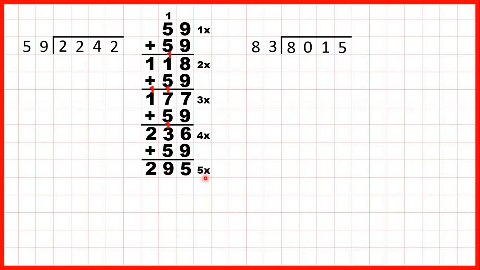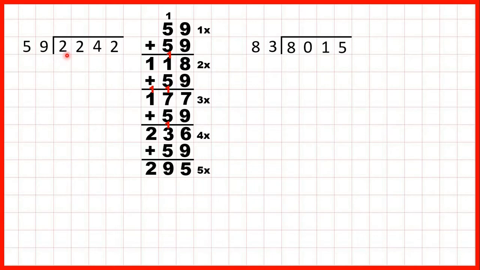295 for 5 times. So now that we've calculated to 5 times, let's look back at our question. Taking the first 2 digits together, we have 22 divided by 59, but 22 is less than 59, so let's take the first 3 digits together and divide 224 by 59.